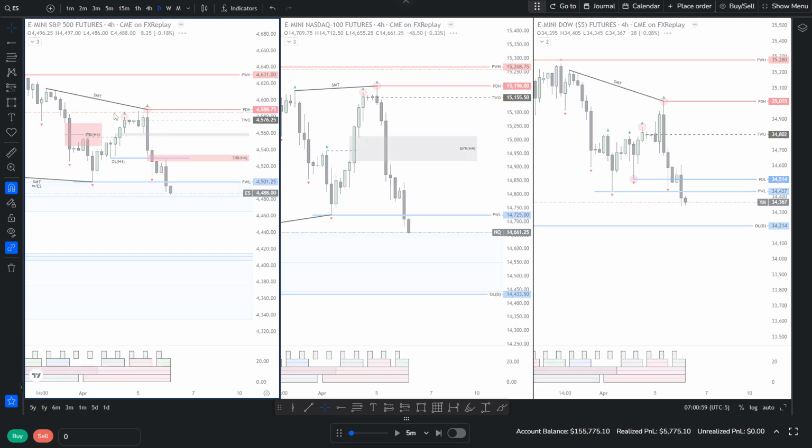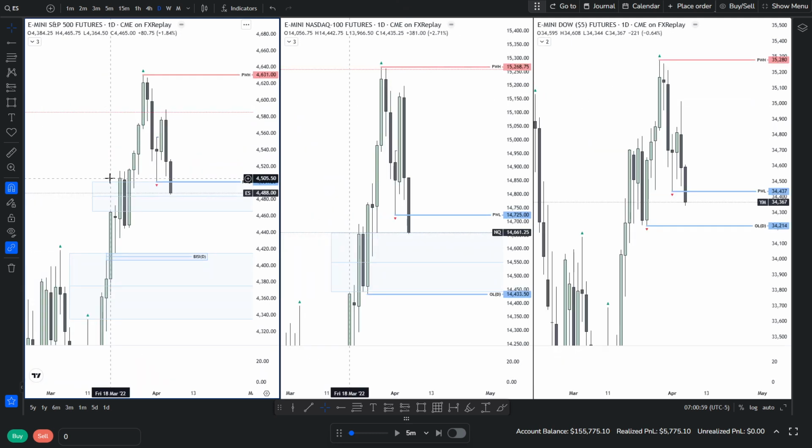So relative to the daily, it's interesting because ERL and IRL is not clear on the daily.